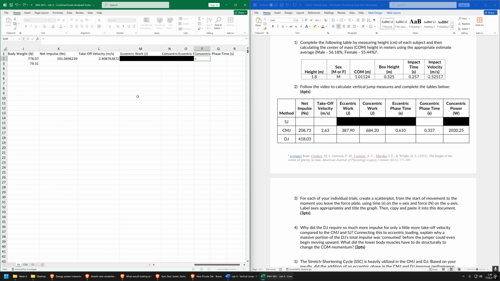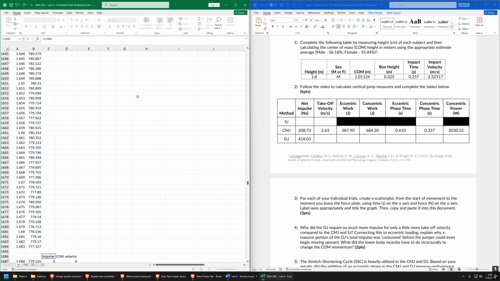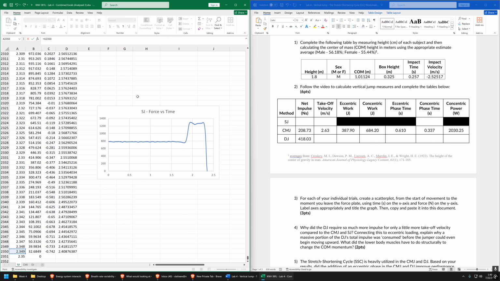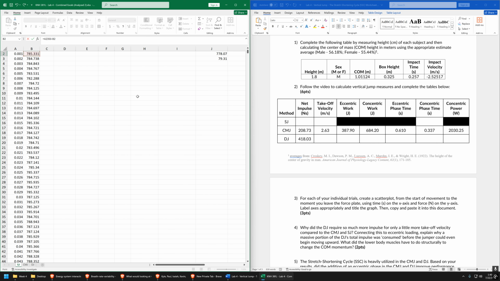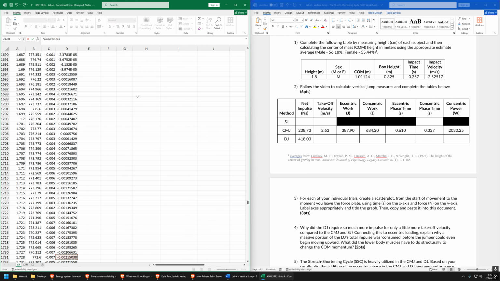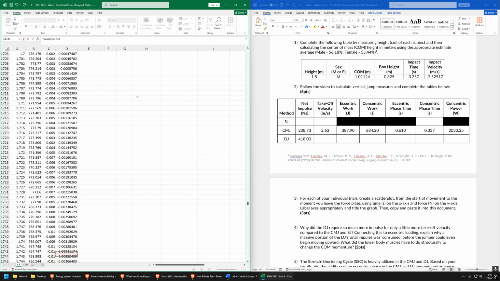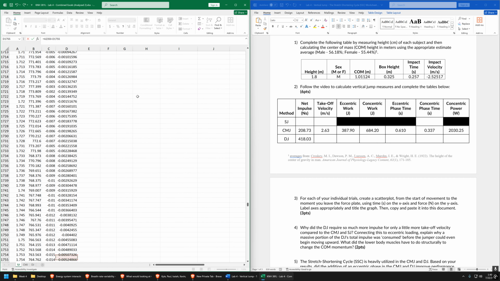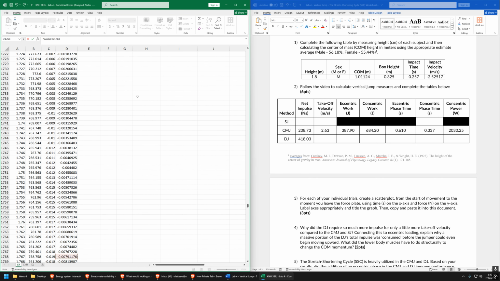So that'll be time when we leave the plate, or right before we leave the plate, minus, and in this case, since there is the slightest eccentric, we'll get rid of that eccentric. Where's velocity becoming positive? Okay, right here.